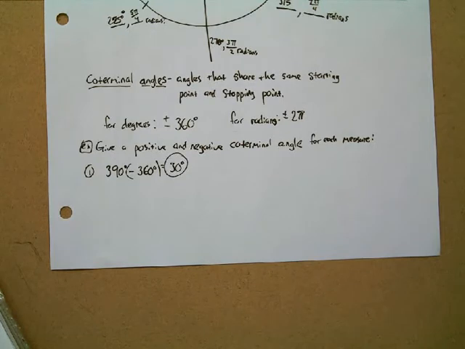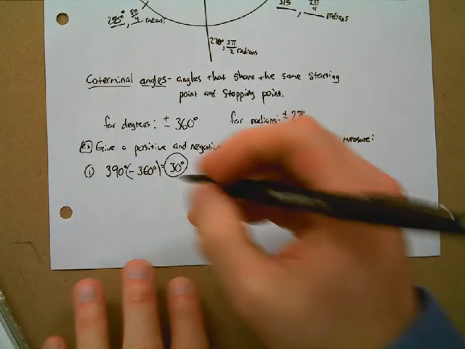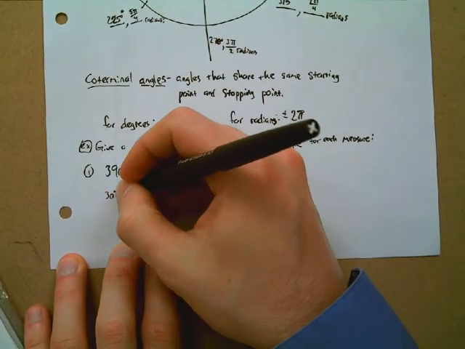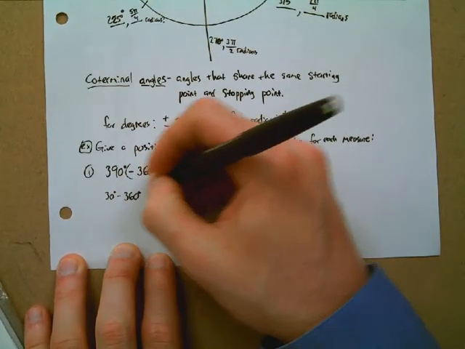Okay. Which gets us negative 330 degrees. So going 30 degrees in the counterclockwise direction is equivalent to going negative 330 degrees in the clockwise direction.